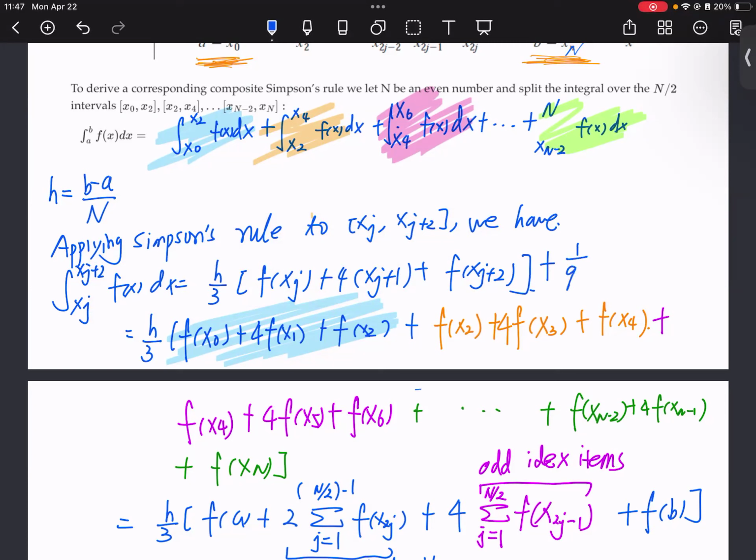So for the error term for this subinterval, we have minus 1 over 90, f fourth derivative of eta j, and then h to the power 5, where eta j is in between xj and xj plus 2.